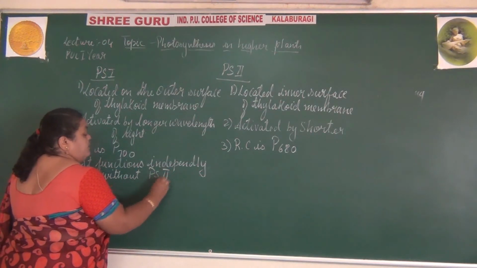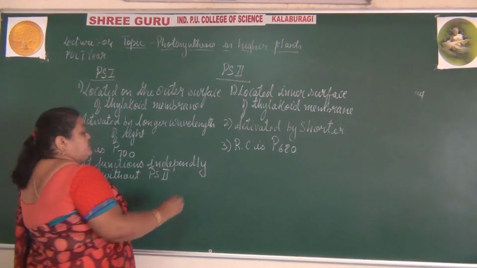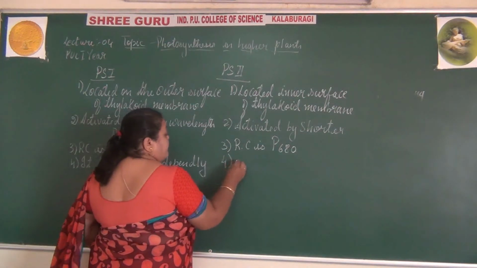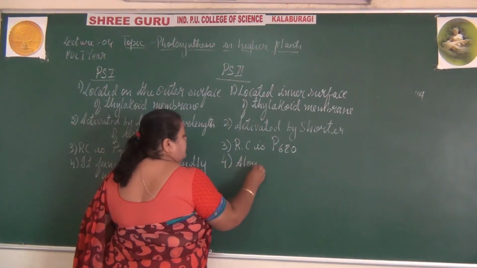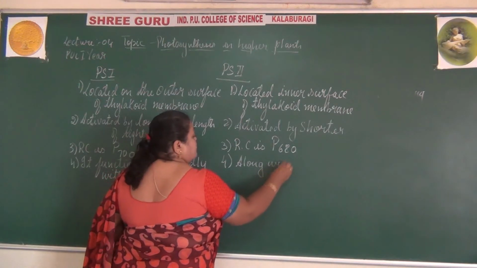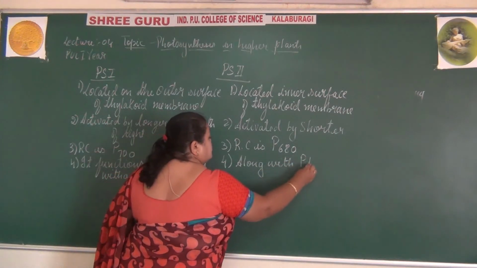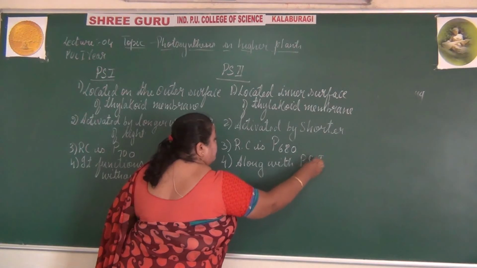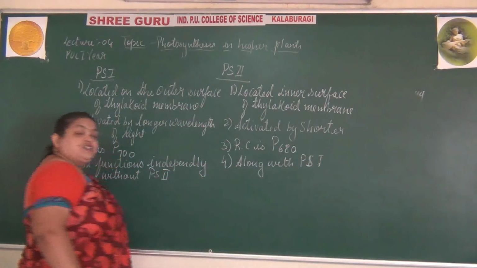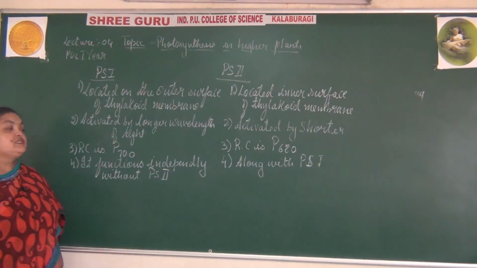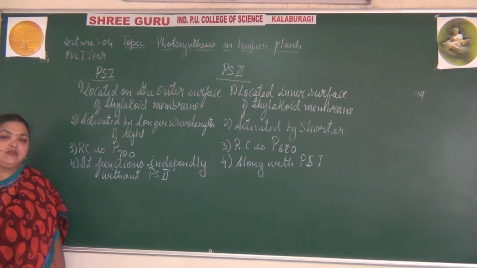Photosystem 2 always functions along with photosystem 1. It cannot function independently, and always depends on photosystem 1.